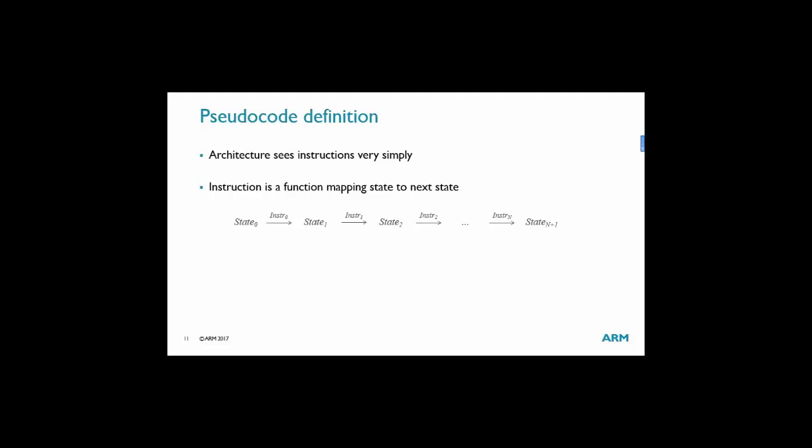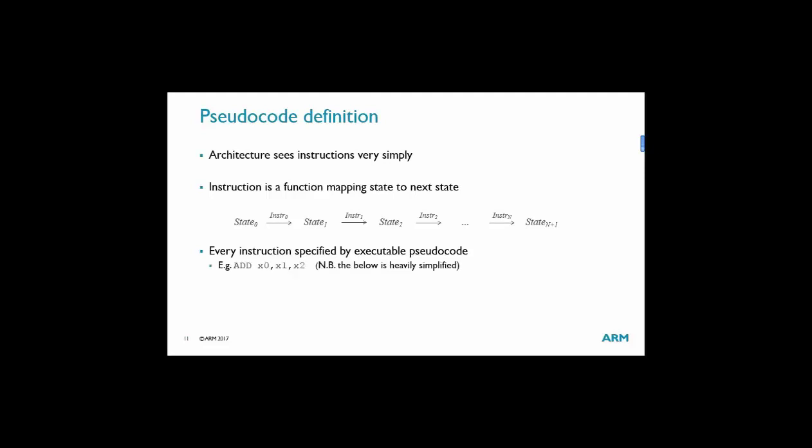And we provide these instructions as the means by which to do those mappings. Every instruction is specified by a piece of executable pseudocode. And when I say executable, I mean that our pseudocode is tightly defined as a language. It has a precise semantics, it has a type system, it's fully interpretable and readable. So every instruction has a definition in the pseudocode to specify exactly what it must do.